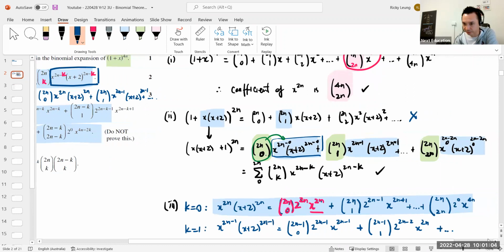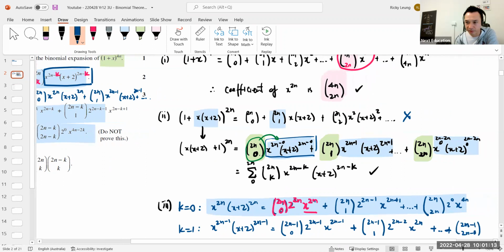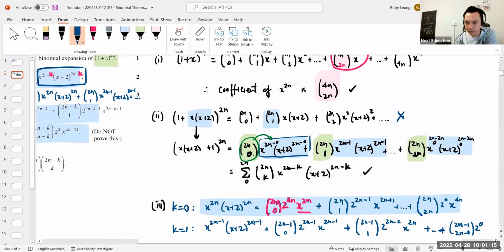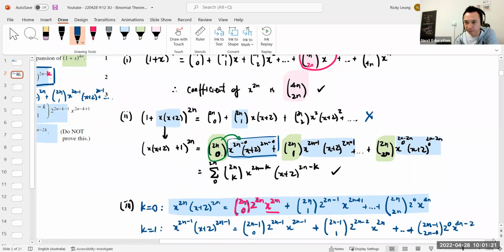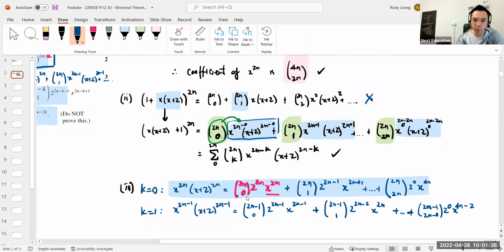Plus, now the last term is going to be 2n minus 1 as a combinatoric term, and then 2 to the power of 0, and x to the power of 4n minus 2 times k, which is minus 2. So you can imagine, what am I after?